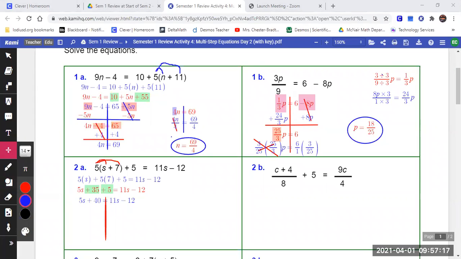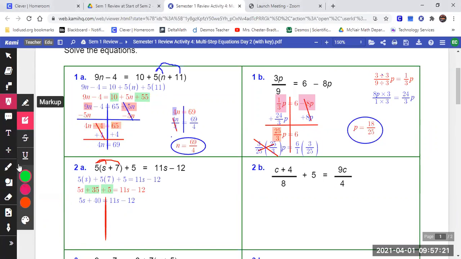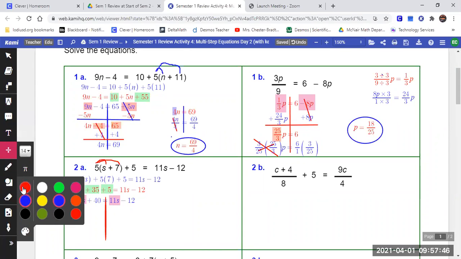Okay, so when we handle our addition and subtraction first, which do we look at, letters or numbers? Letters. Okay, so I have a 5s on the left. I have an 11s on the right. I always move towards the bigger letter, small letter to big letter.